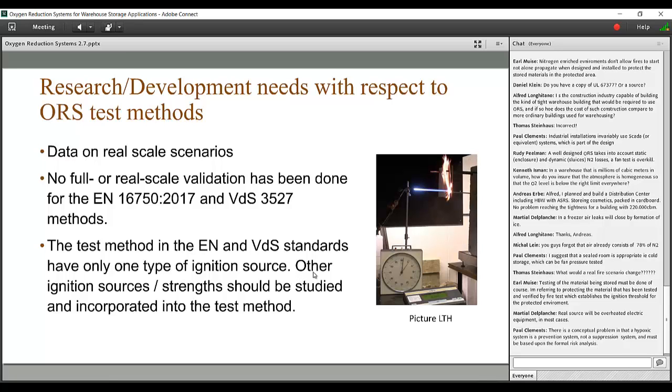And that brings us a little bit to the fact that in the real world we will have very different ignition sources, and these different ignition sources of course depend on the type of scenario you have. In certain cases there will be very few possible ignition sources. In others there will be quite a lot and a lot of variation.